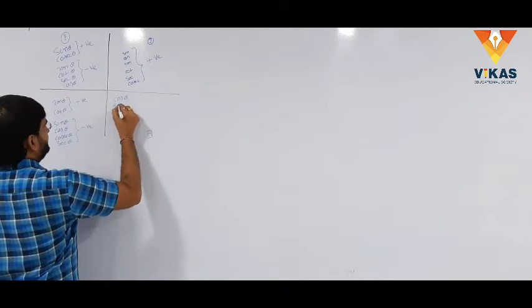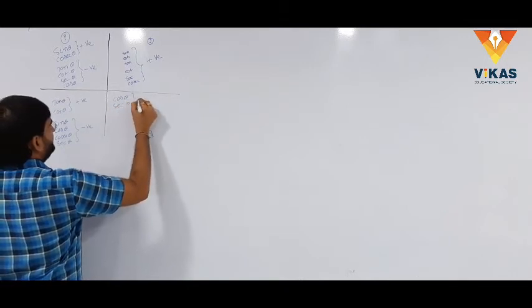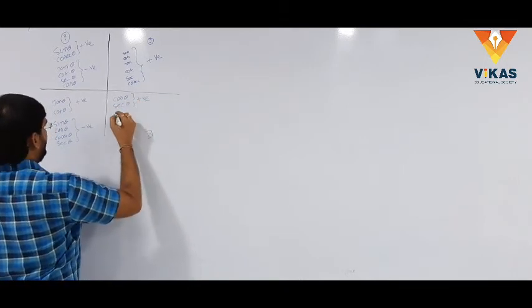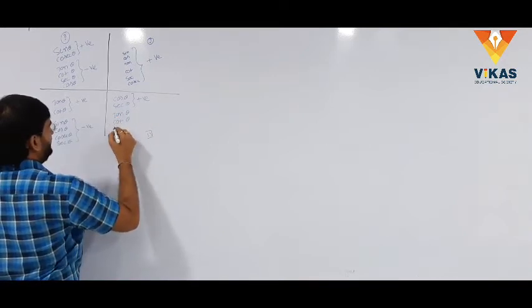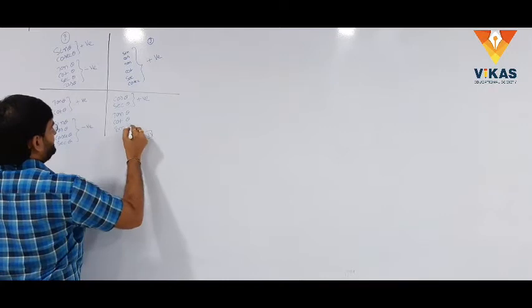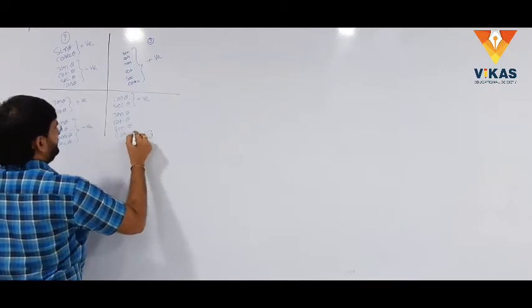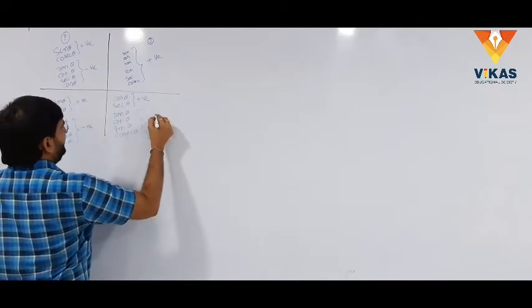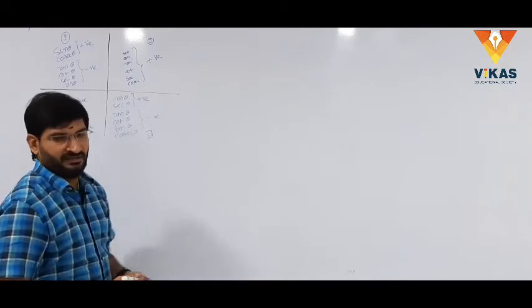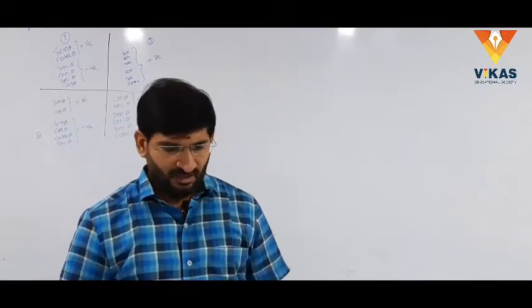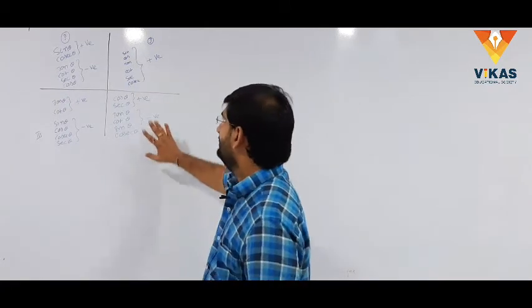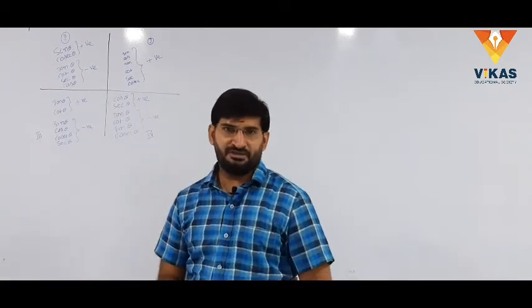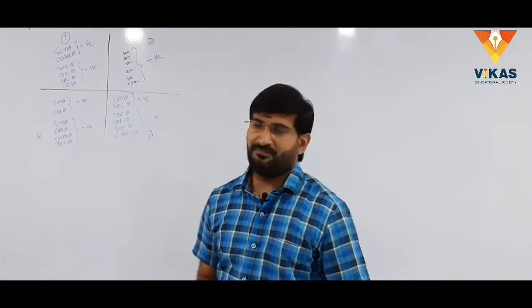Cos theta and secant theta are positive. Tan theta, cot theta, sin theta, cosecant theta are negative. This is the quadrant system explanation: which quantity is positive, which quantity is negative.